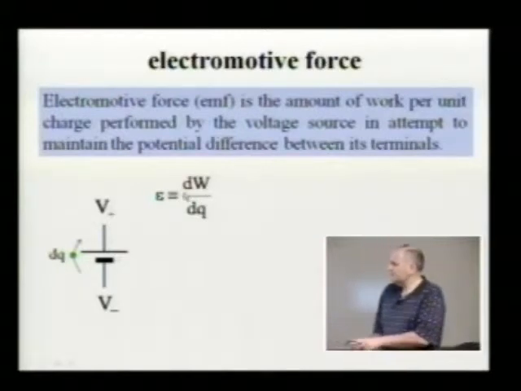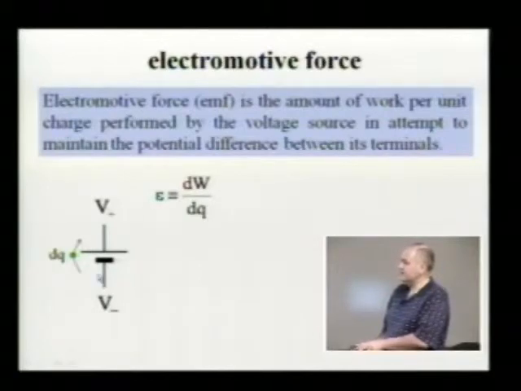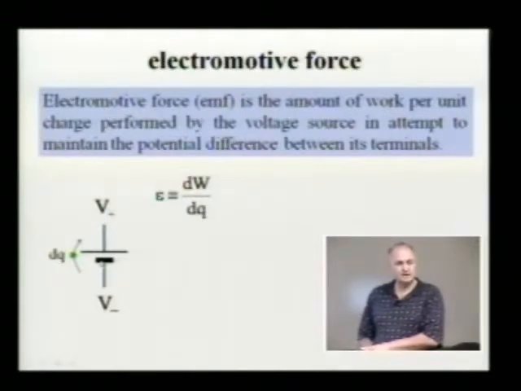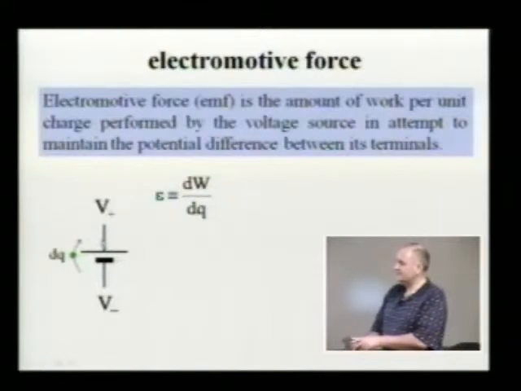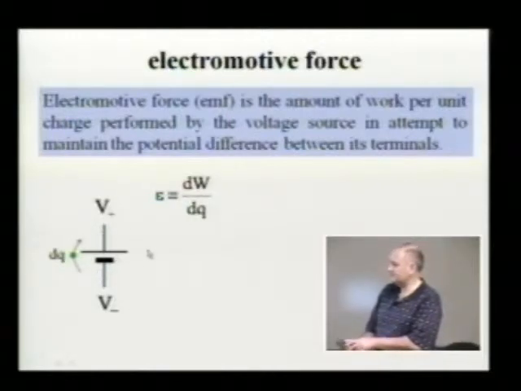Well, now let's think about an ideal battery in which the only thing against which this agent has to work is the electric field produced by charge difference and potential difference between one terminal and another terminal.